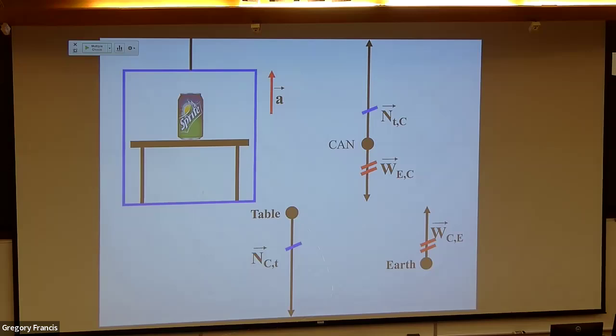Now, as we talked about before, a lot of you came in. The Earth is pulling on this book just as hard as the book is pulling on the Earth, and so if this weighs 5 newtons, the Earth is pulling on it with 5 newtons of force, and it's pulling on the Earth with 5 newtons of force.